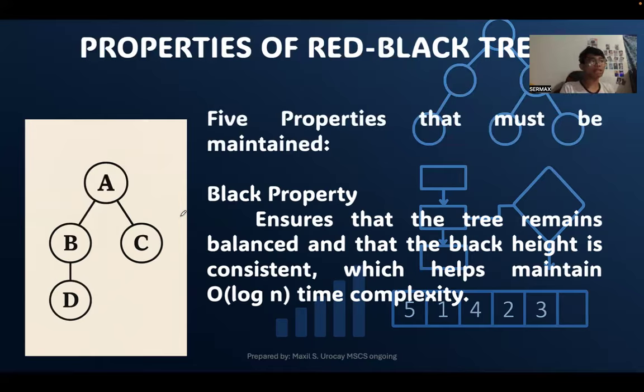As we mentioned earlier, the count of black nodes up until the null nodes should always be equal for the left subtree and the right subtree. It must equate to the same number. So it needs to be maintained so that it still observes logarithmic time complexity.